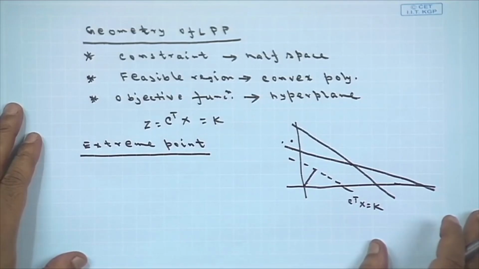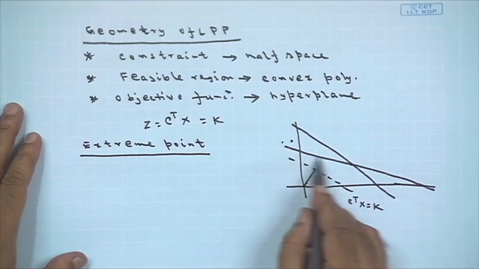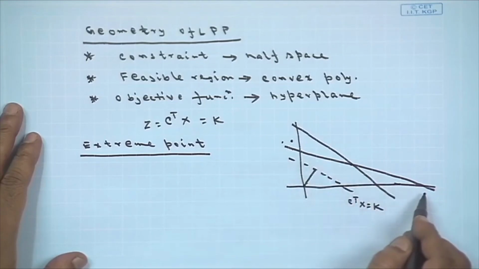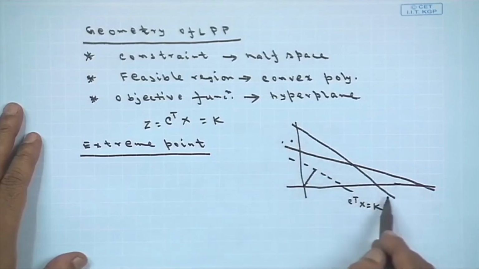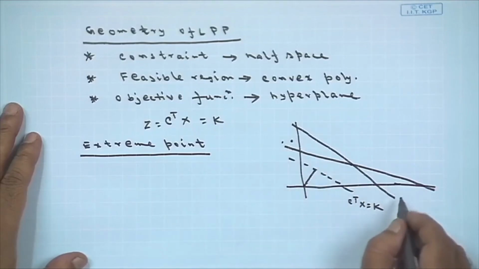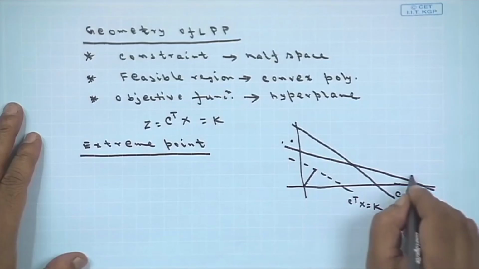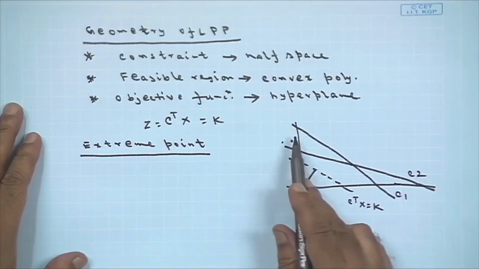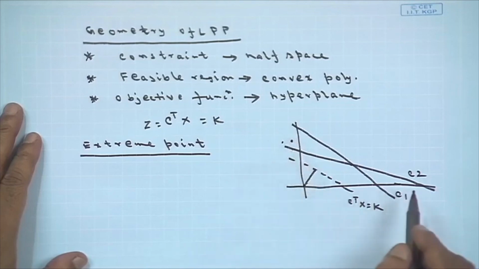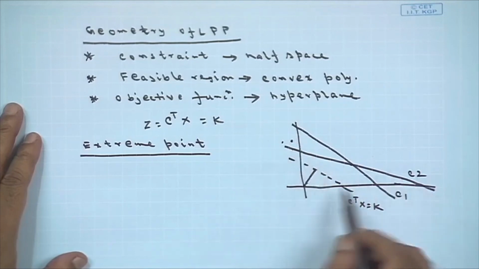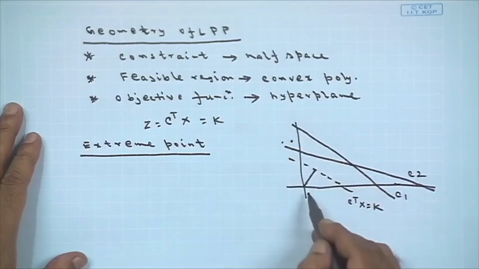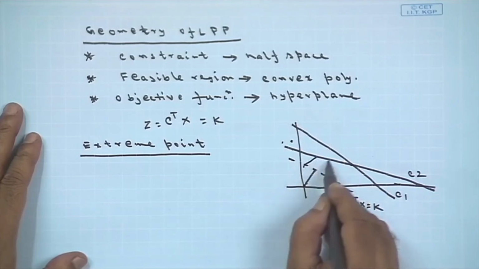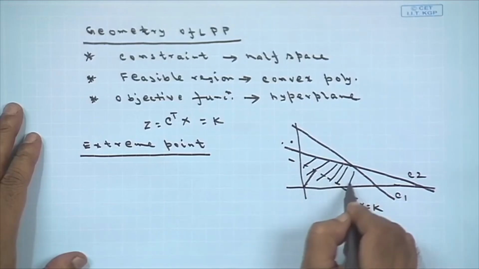Here, if this is one constraint defined using an equality sign, and this is another constraint, I am writing this one as constraint C 1 and this one as constraint C 2. Since the variables are non-negative, I have to take this axis and this axis on the positive side. Then your feasible region is basically this.